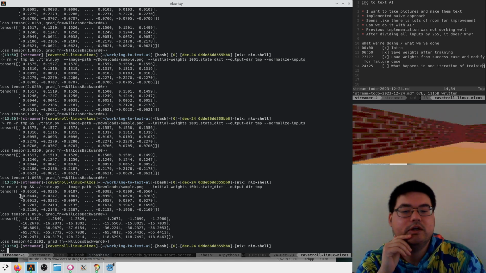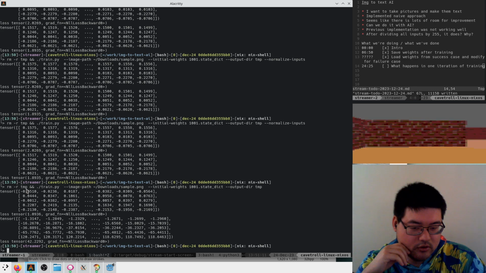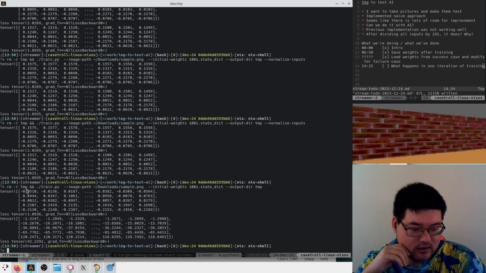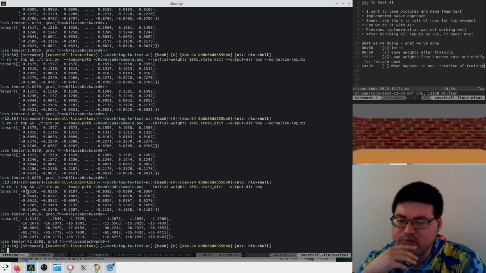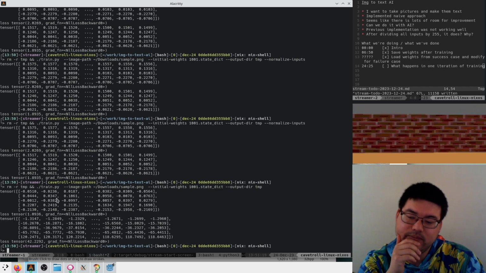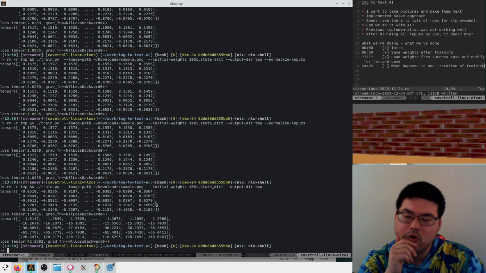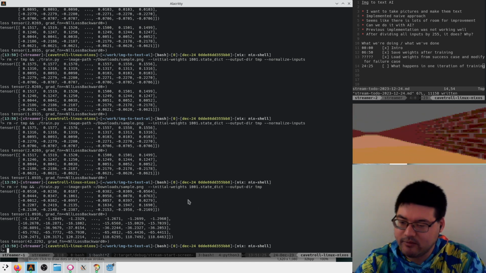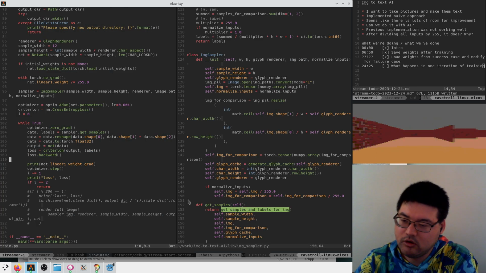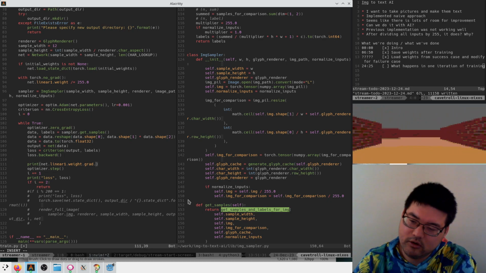So I wonder if it makes sense to visualize the gradients for a specific sample. Or maybe we want to see the maximum of all of them. That might be interesting. Yeah, let's look at max.